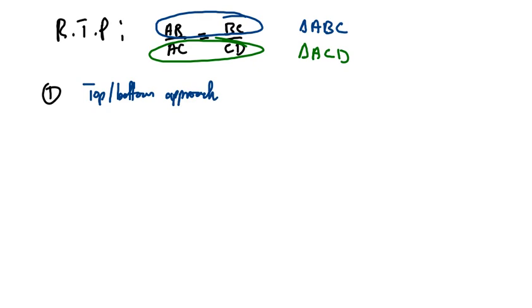If that is the case, then I promise you, you probably have to show that this one triangle is similar to the other triangle. Once you have established that, there's a chance that those two triangles are similar. So that's top bottom.